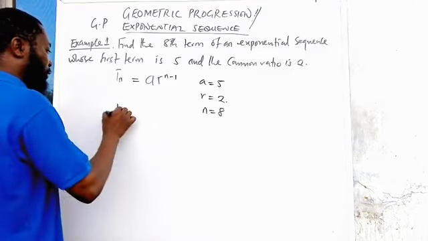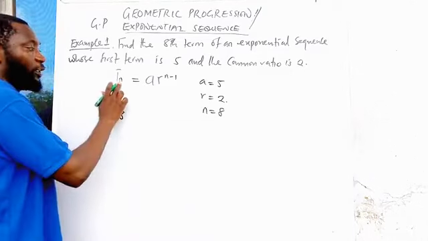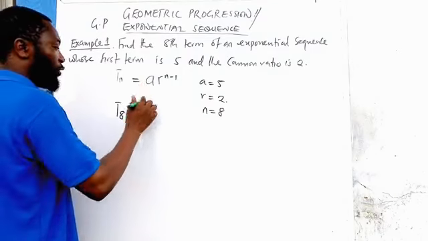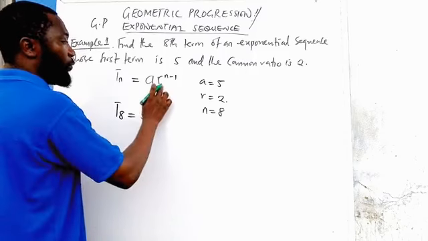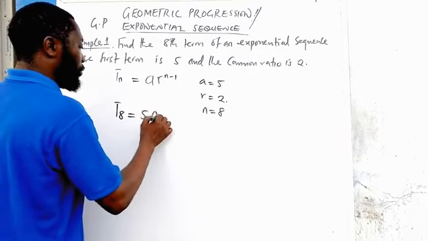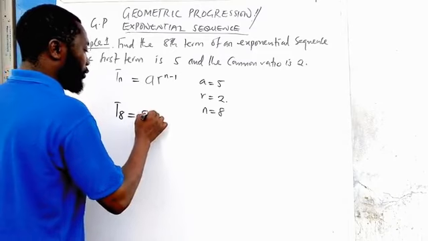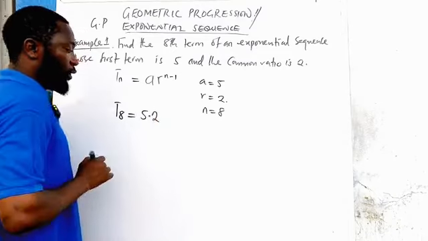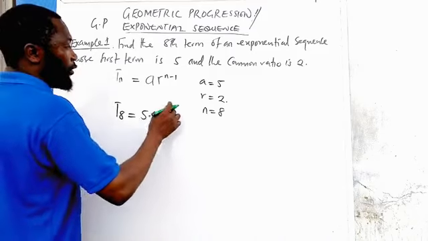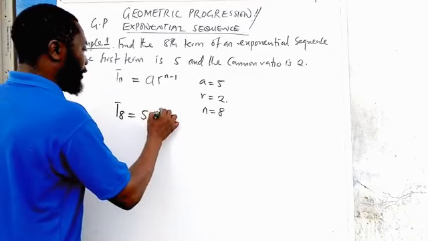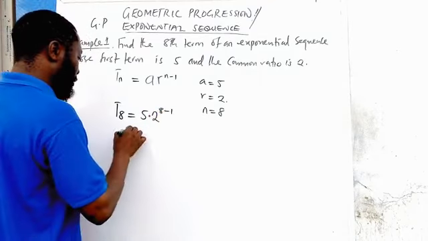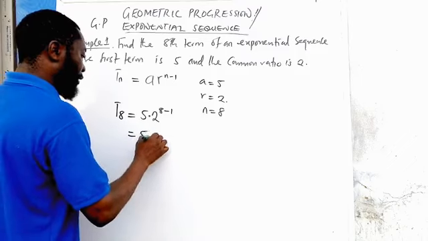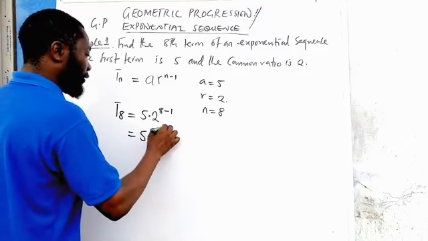T8 equals a, sorry, a is 5, times r, which is 2, raised to the power of n, which is 8, minus 1. And this equals 5 multiplied by 2 raised to the power of 8 minus 1, that is 7.